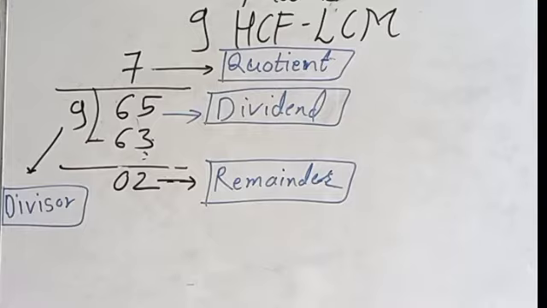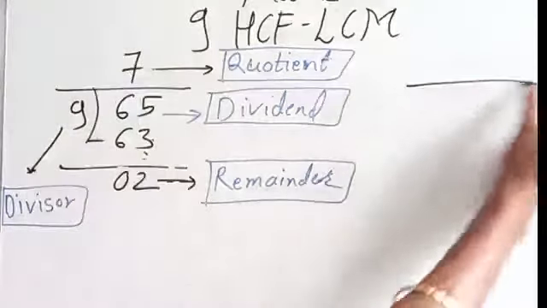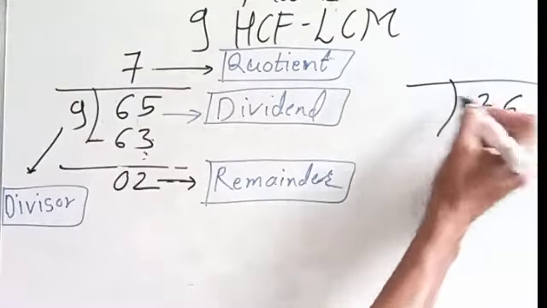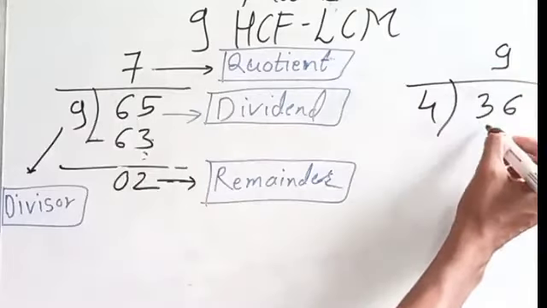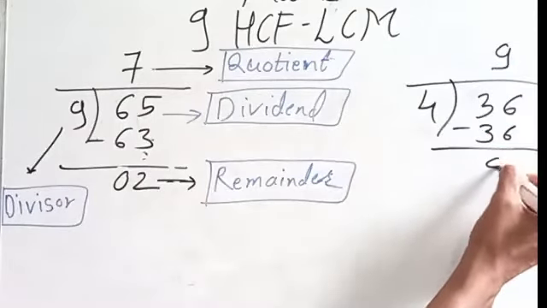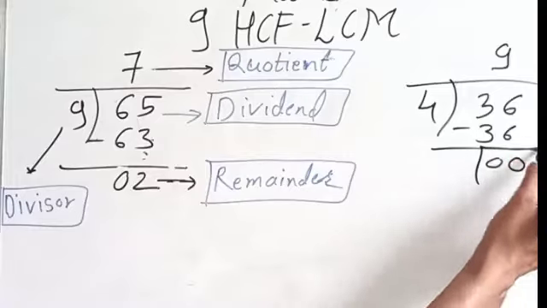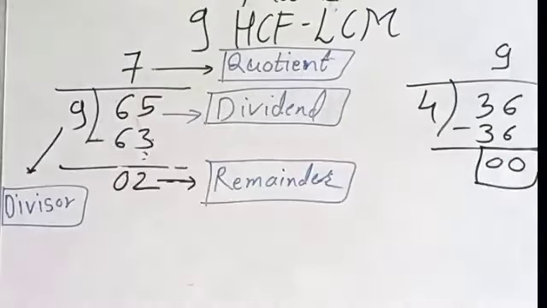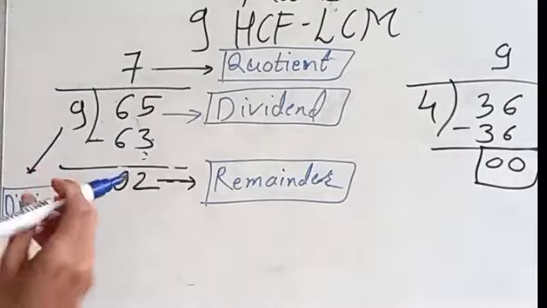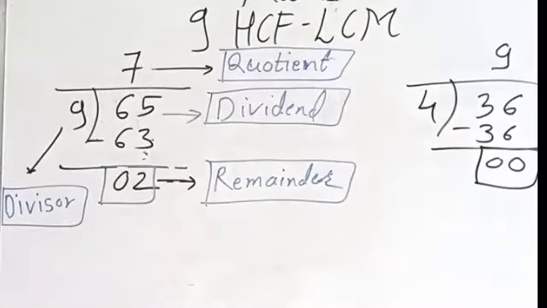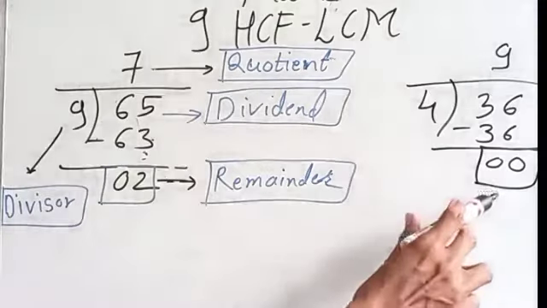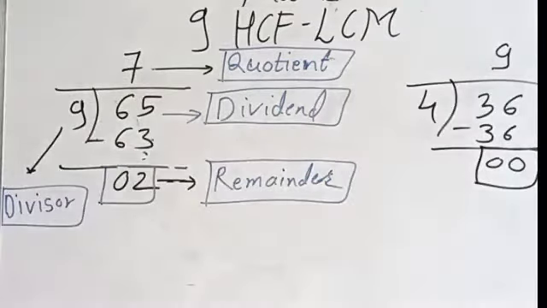Now, the first division was 36 divided by 4. 4 9s are 36. Here, the remainder was 0. And here the remainder came 2. Now, you have to just observe the remainders. When the remainder comes 0, that means that number is divisible by such a number.